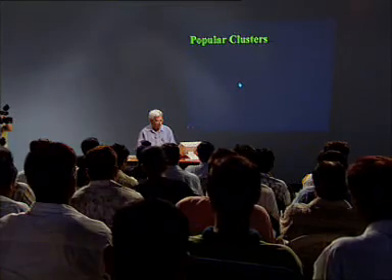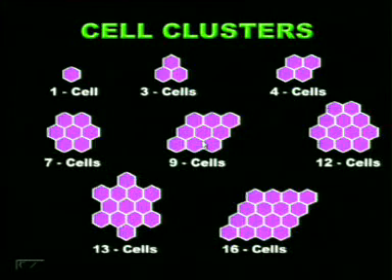Let us see if we can find out some other cluster. A cluster may be 3, 7, 9, 13, maybe any cluster. So, different types of clusters.